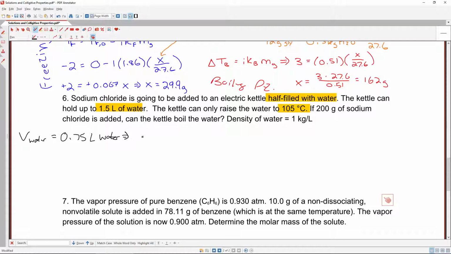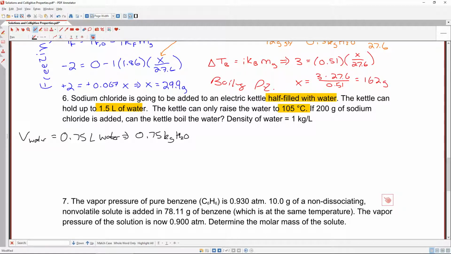So this implies 0.75 kilograms of water. Right, numerically they're the same. For pure water, they're the same. Oh, it already says that, right? Kilograms per liter. By the way, kilograms per liter is numerically identical to grams per milliliter, right? Multiply and divide by 1,000.